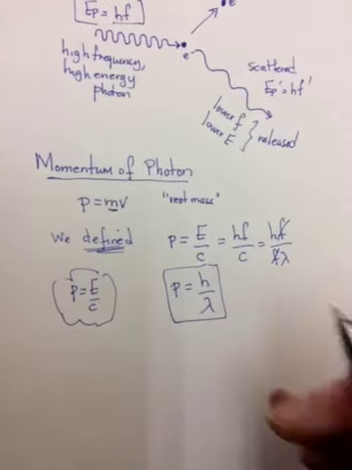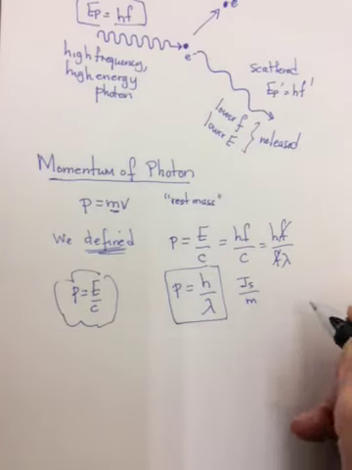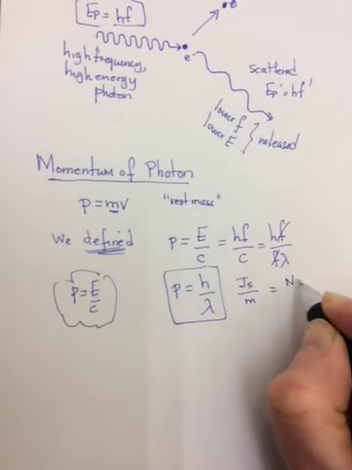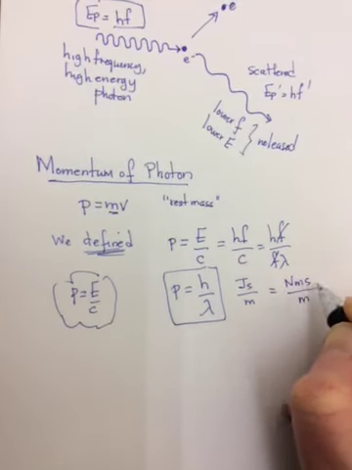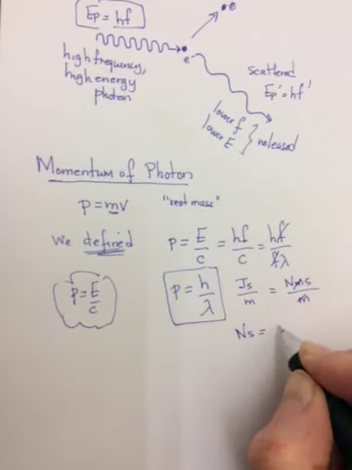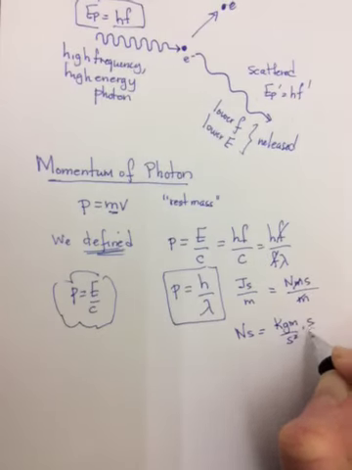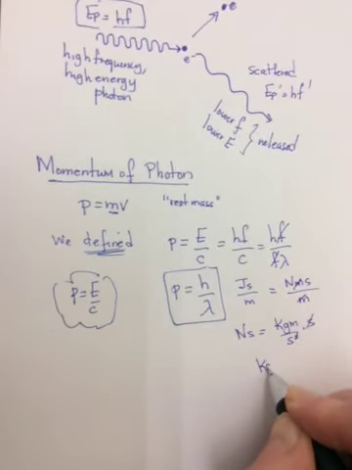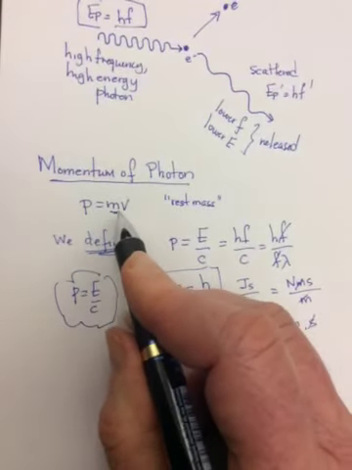Okay, if we think about the units, joule seconds over meters. A joule is a newton meter, so a newton meter second over a meter. Meters cancel, so we're left with newton seconds. A newton is a kilogram meter per second squared times a second, and so we're left with kilogram meters per second, which is what momentum is measured in.